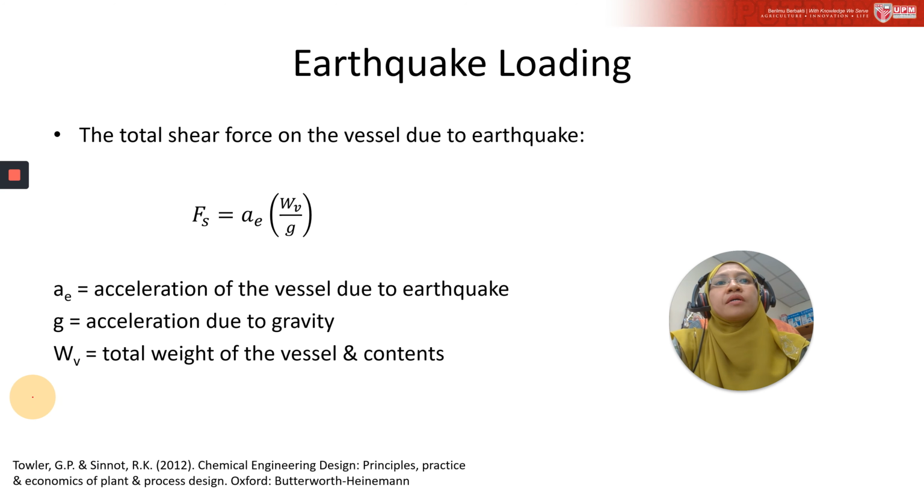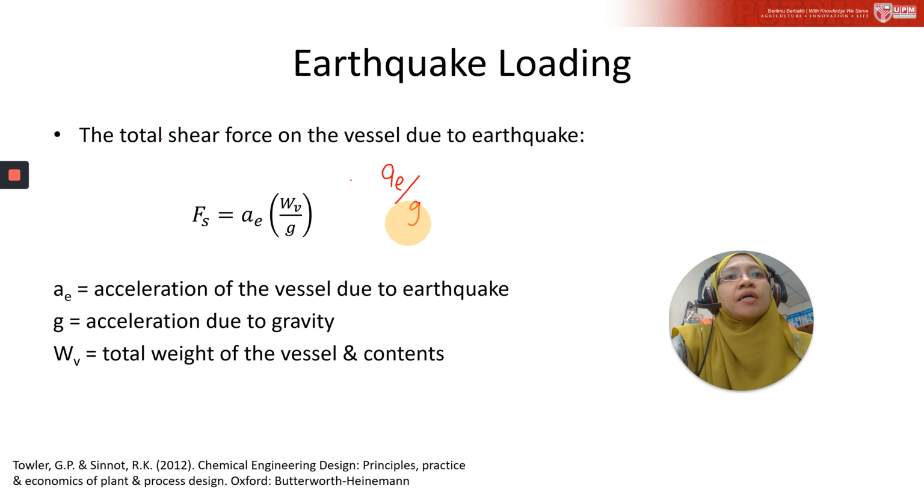Actually, the constant AE over G is called CE, where CE is the seismic constant. I think this can easily be found if you search on Google. This depends on the natural period of vibration of the vessel and the severity of the earthquake, so we can find the CE.